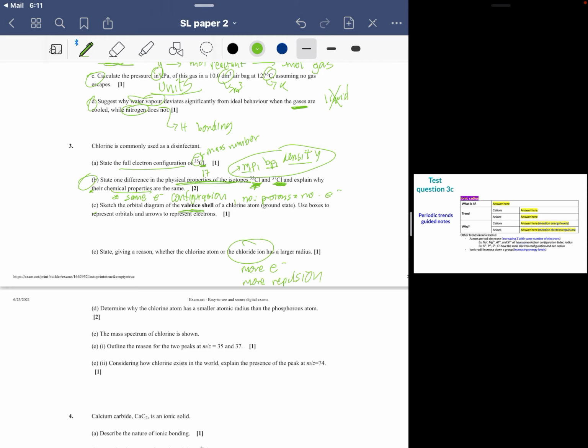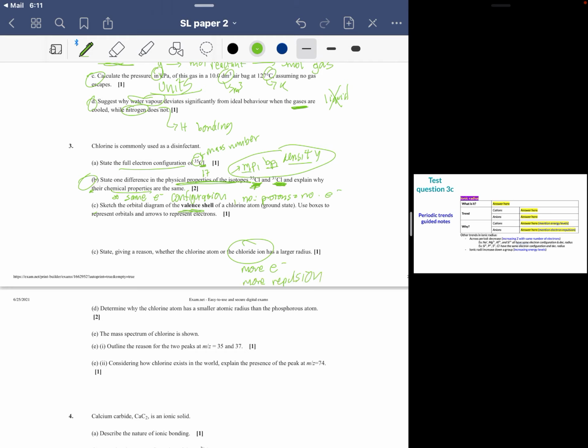Okay, mass spec. Outline the reasons for 2 peaks. Of course, peaks represent isotopes. So chlorine has a mass 35 isotope and a mass 37 isotope. This was a little tricky. Chlorine is diatomic. So we saw those peaks at 74.